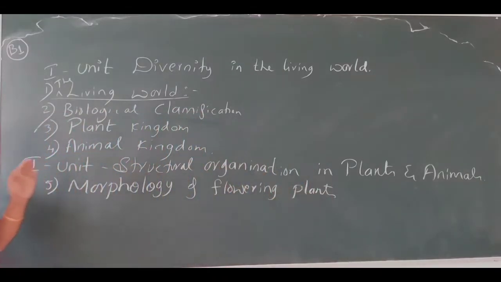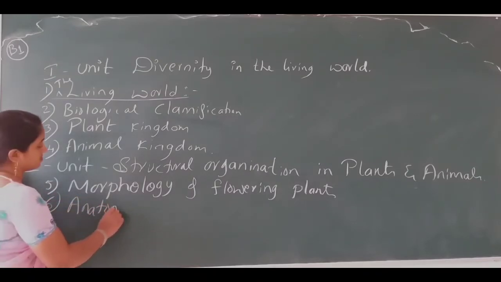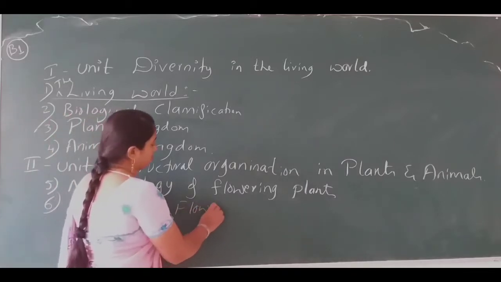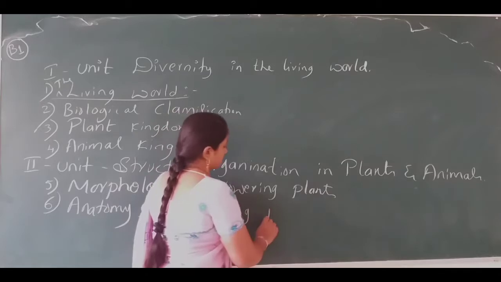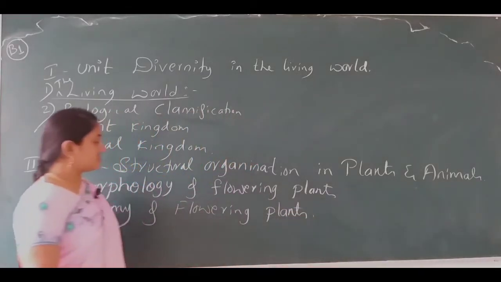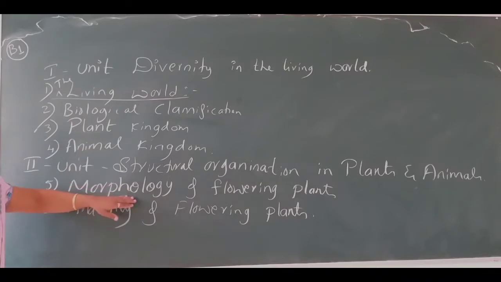The next chapter is anatomy of flowering plants. Anatomy in the sense of internal structure. Not only morphology, not only the physical or outer appearance of the plant, but also the plant cell.